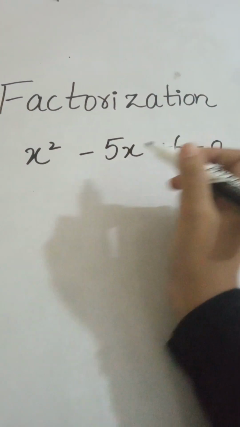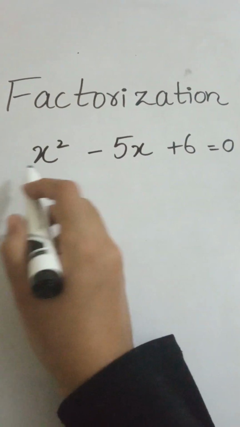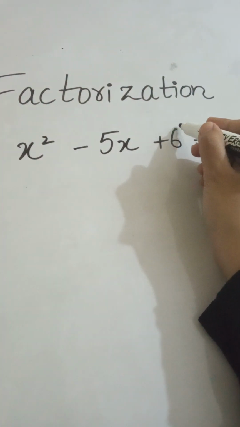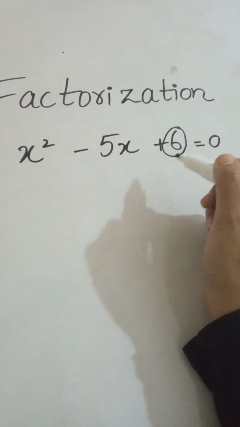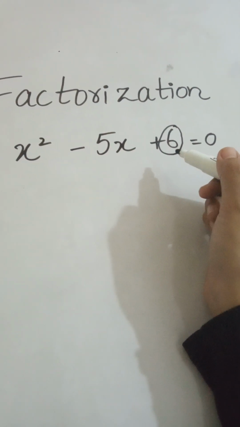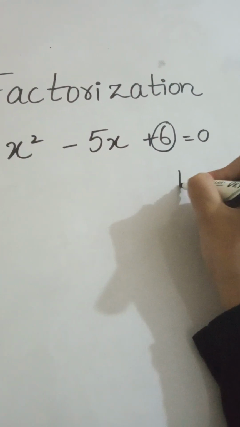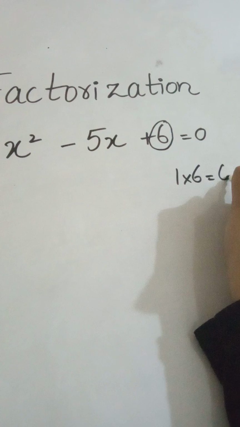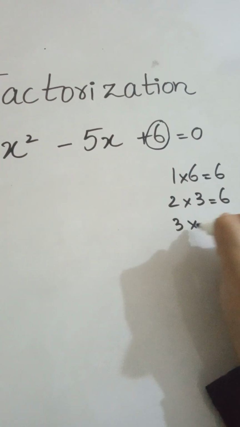Okay, so first of all, I will see what the coefficient of x square is. It is 1. Okay, then it's fine. Now I will see what the constant in this equation is, that is 6. So first I will see what the multiples are. 6 is the multiple of which numbers? 1 times 6 is 6, 2 times 3 is 6, and 3 times 2 is 6.